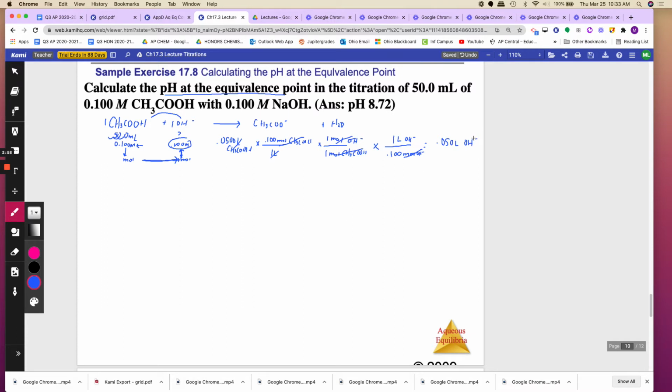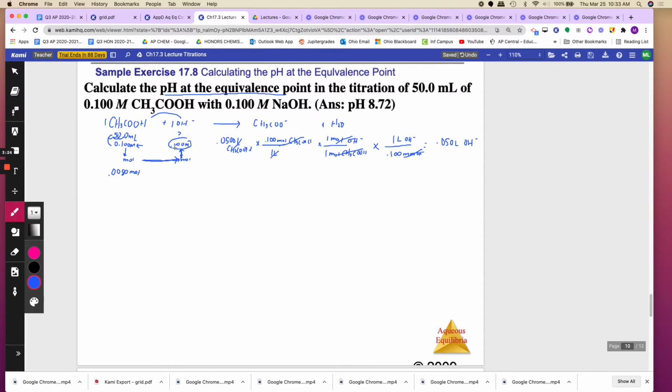Now I'm going to figure out how much I have in moles. 0.1 times 0.05 is 0.005 moles of this.